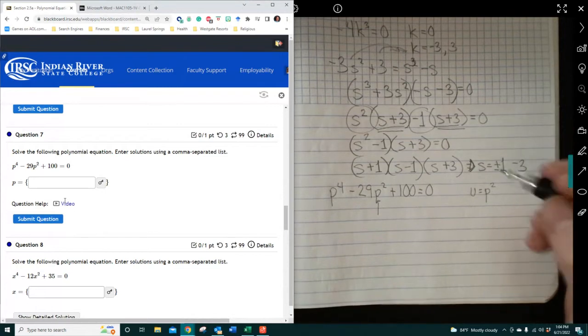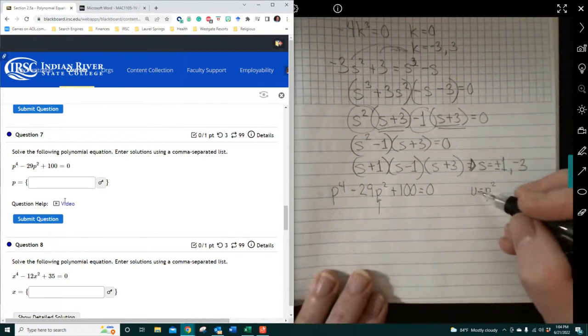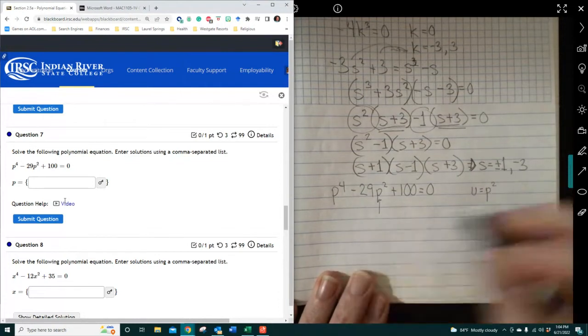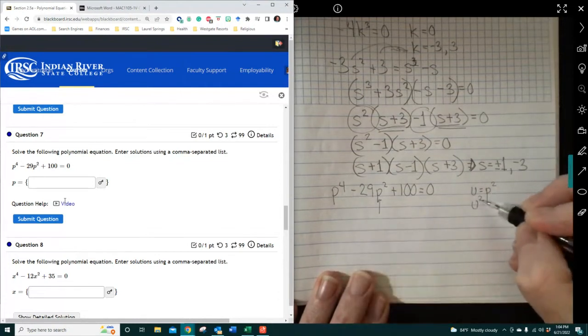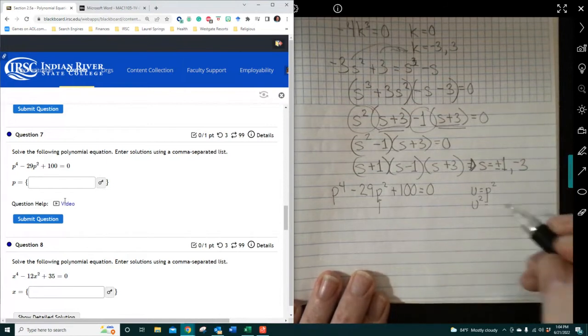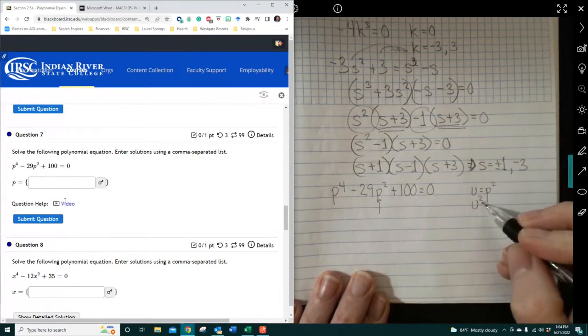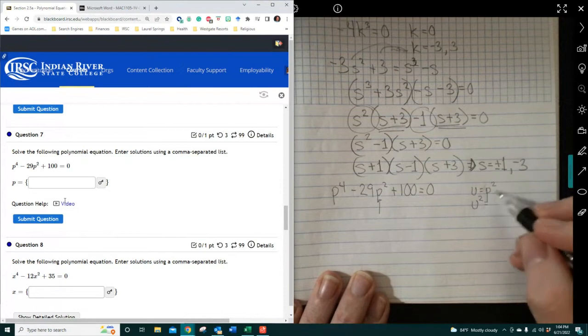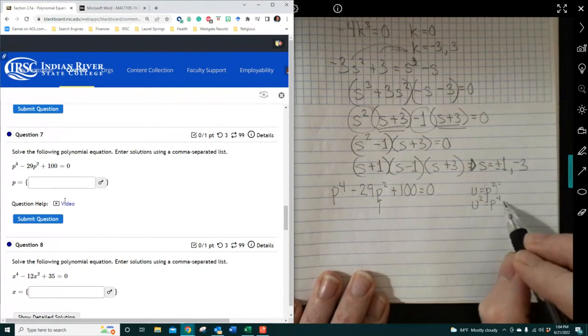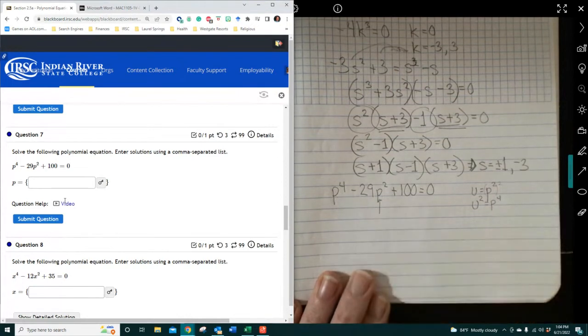P squared, I meant. All right, so if we let U equal p squared, then if we think about it, U squared, not that we have to do this, I'm just letting you know. If we square both these two terms, what are we going to end up with? Hey, wait a second, we're ending up with p to the 4th, the same thing that's here.